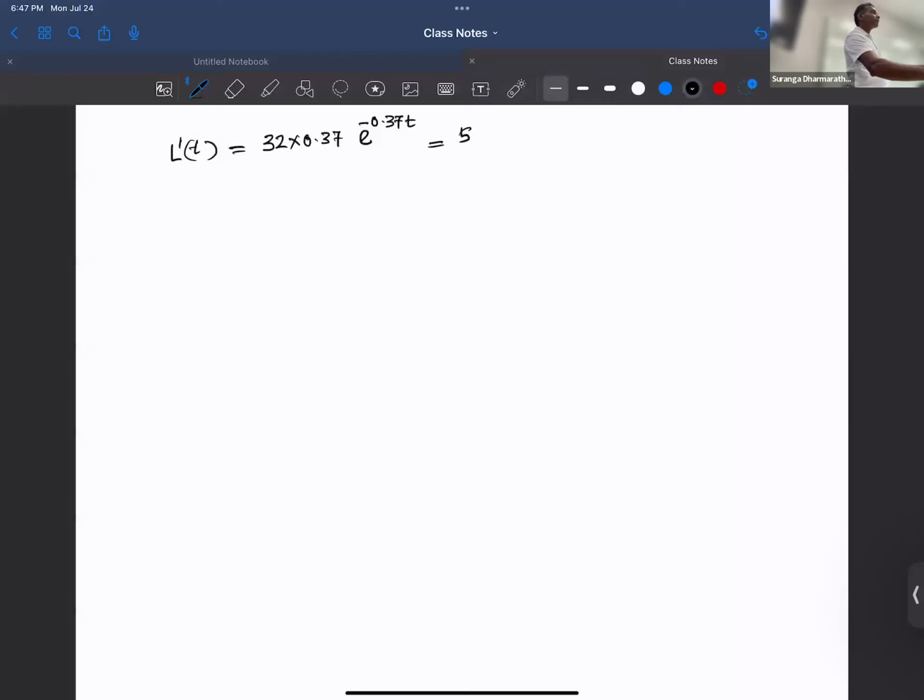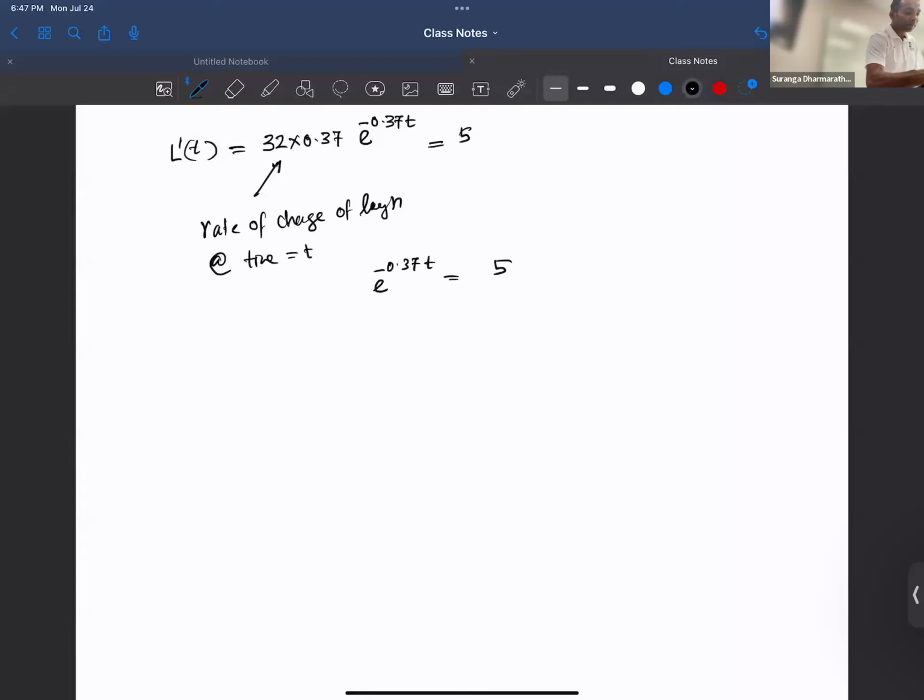Does that make sense? This gives you the rate of change of length at time equals t. Now we want to find t when it is equal to 5. So how do I find that? I can solve this: e to the power negative 0.37t is equal to 5 divided by 32 times 0.37.